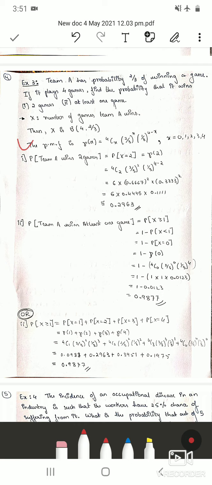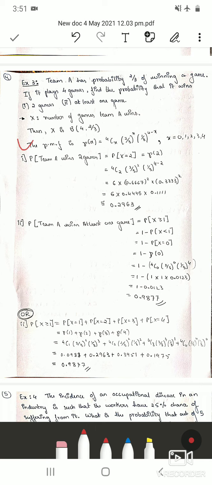In the PMF, wherever n is there, substitute 4. Wherever p is there, you have to write it as 2 by 3, and q is 1 minus p, that is 1 minus 2 by 3, which is 1 by 3. If you want, you can write it in decimals.